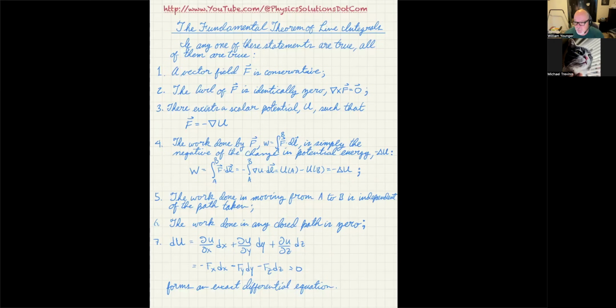And it doesn't have to be force, by the way, even though that is one of the options. Another option is the one that we use in the 242 class, which is the electric field. And that can be conservative as well, even though it's not a force field. It's actually in units of force per coulomb. And for that reason, it's a little bit different, but still we could use that similarly.